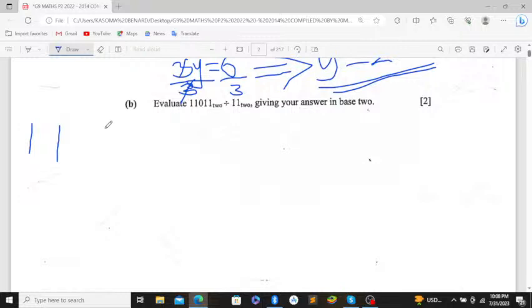Then here I'm going to put 0. Then 1 again, 1. It is in base 2, then divide by 1 again 1.